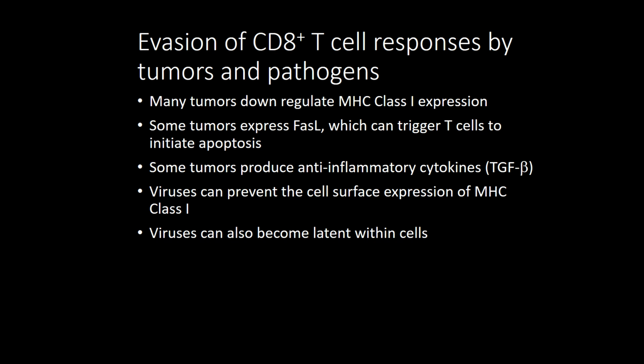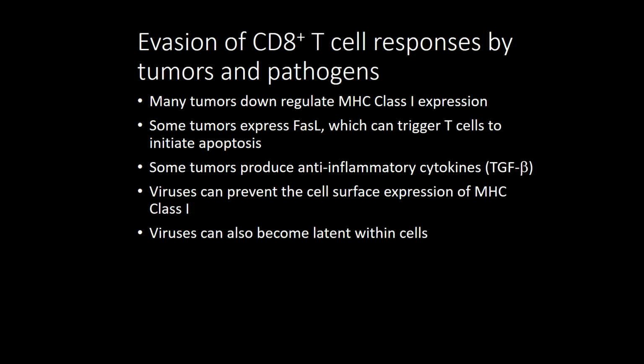You will also have some tumors that produce certain anti-inflammatory cytokines. An example of this is TGF-beta. TGF-beta is known to downregulate and dampen immune responses, including inflammatory responses as well as activation of T cells.